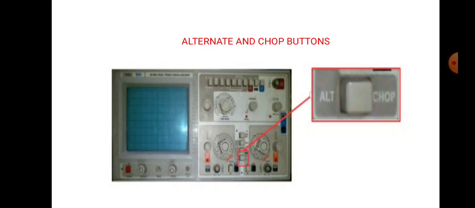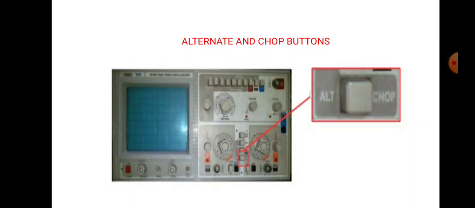Chop mode causes the oscilloscope to draw a small part of each signal block back and forth between them. This is the alternate or chop mode.